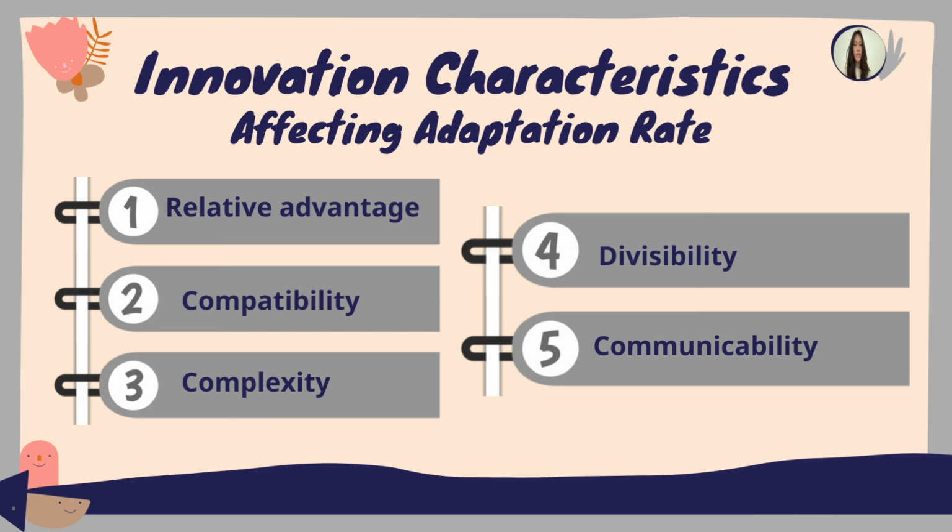Then complexity, which means the innovation is difficult to understand or use. Divisibility is the degree to which the innovation may be tried on a limited basis. The final one is communicability, which is the degree to which the results of using the innovation can be observed or described to others.